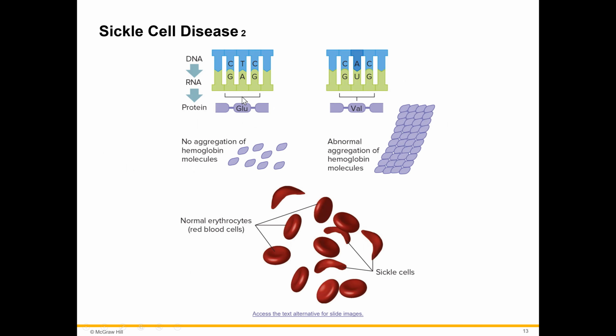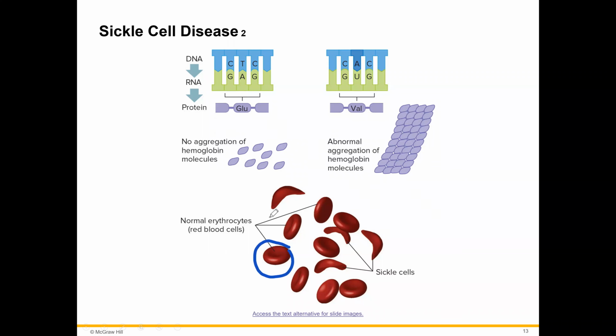So this is just a simple base substitution. We substituted one nucleotide with another nucleotide in DNA, it affected RNA, and it affected the protein at the end. And when a protein has an alternative shape, it can aggregate, as in this example, and it will affect the cells, red blood cells, right?